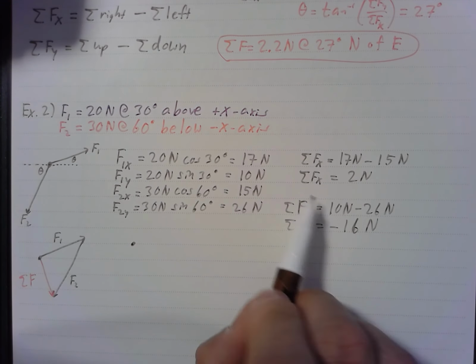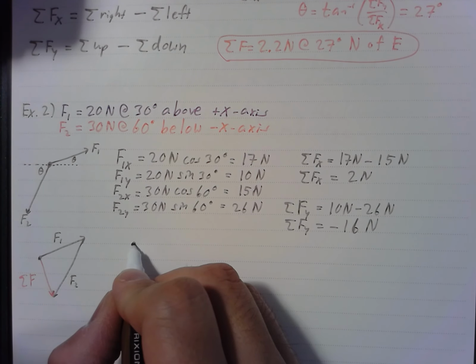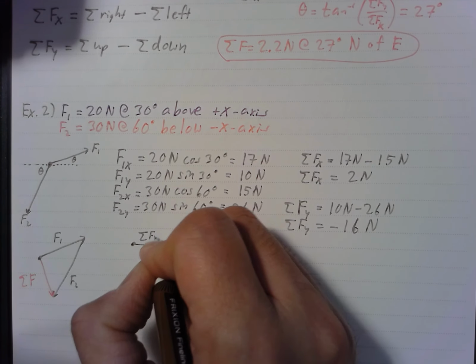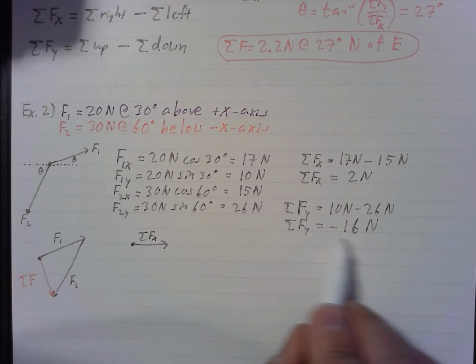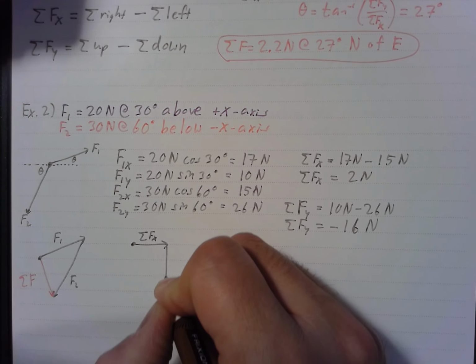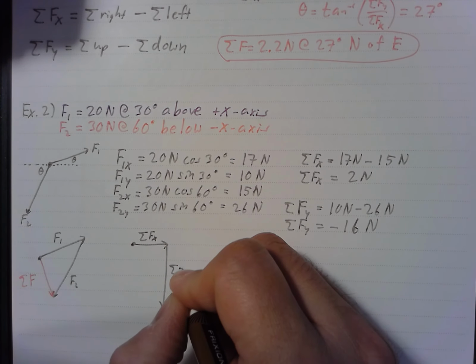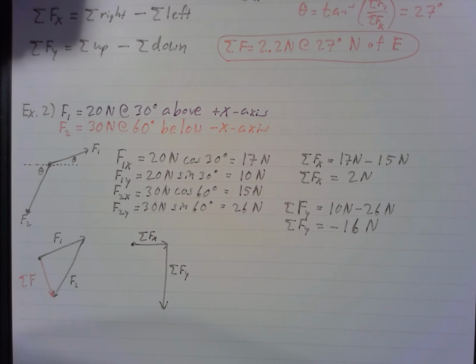So I'm going to say 2 newtons is in the right direction, so that's the net force in the x direction. And then 16 newtons is directed downward. Now I'm not going to draw this to scale, just because I would go to the end of the paper, but this is going to represent the net force in the y direction.